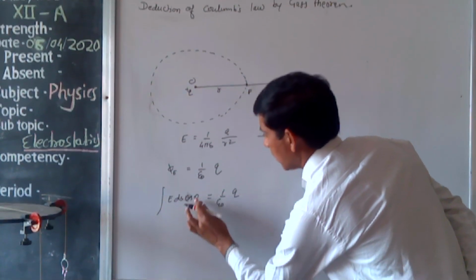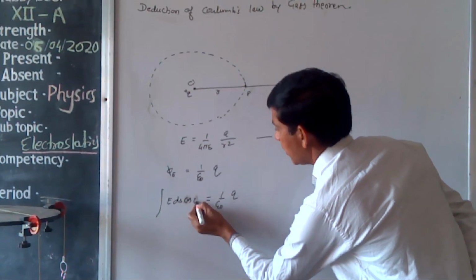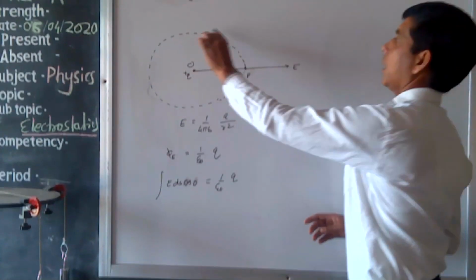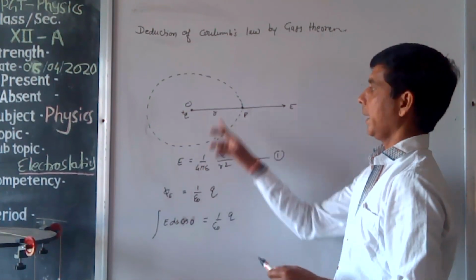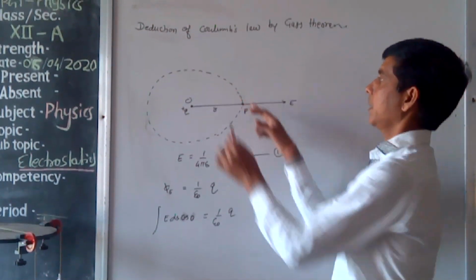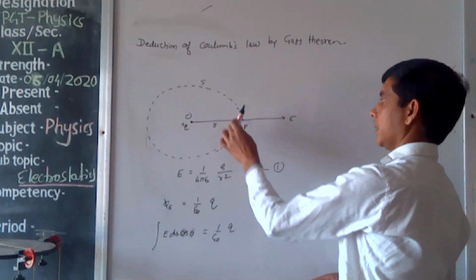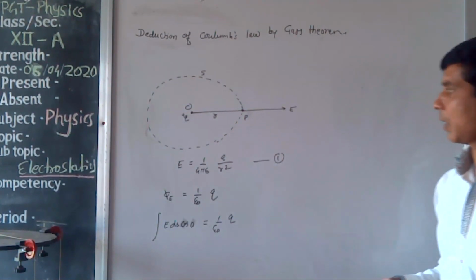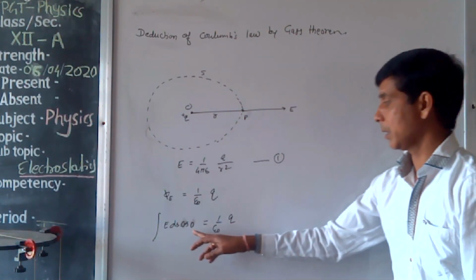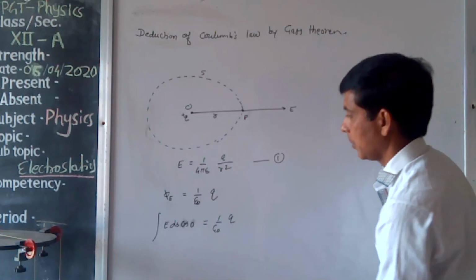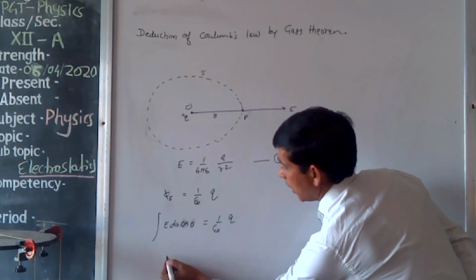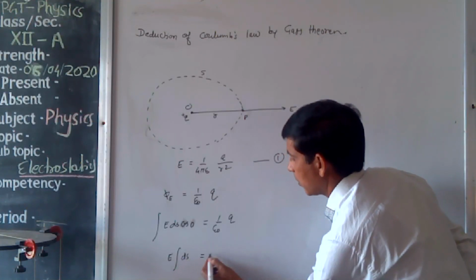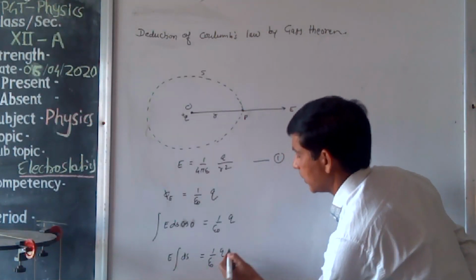Here this angle will be 0 degree. Why 0 degree? Because theta is the angle between the normal of this area S and the intensity, and the normal is also directed in this direction, always perpendicular. Then the angle will be 0, cos 0 is 1, and the integral of E ds equals 1 upon epsilon naught into q.